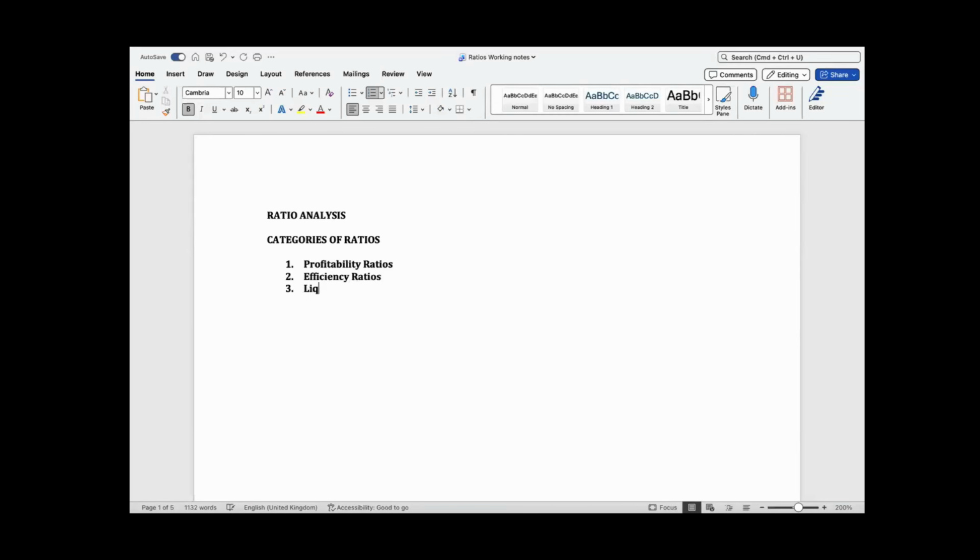Also, there is liquidity ratios. Also, there is solvency or debt ratios. And there is investors ratios. These are the 5 categories of ratios that we have.